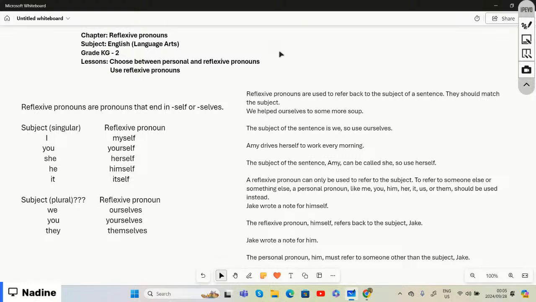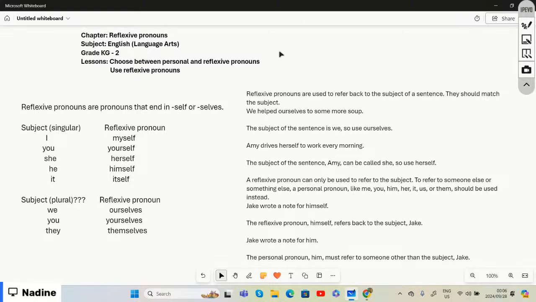And when it comes to a reflexive pronoun, it needs to refer back to the subject. And we're going to look at a few examples of how we can use reflexive pronouns. And like I said, it needs to refer back to the subject.